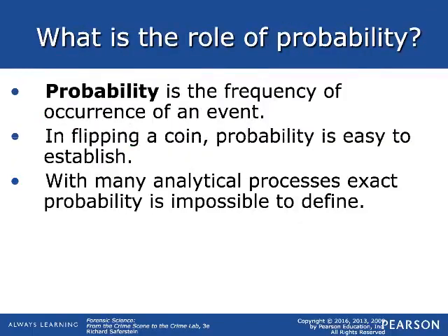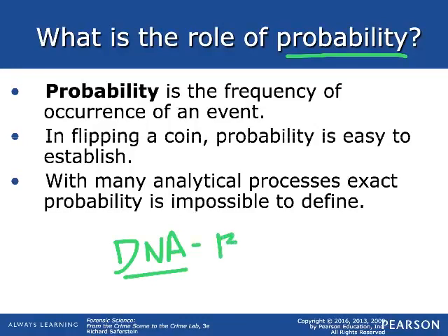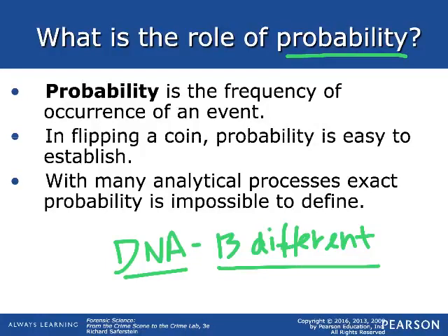Okay, now, a lot of this is based on probability. When they're doing DNA analysis, they look for 13 different regions of DNA in order to determine without a reasonable doubt that something matches.